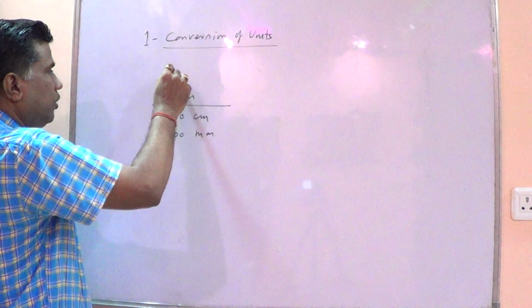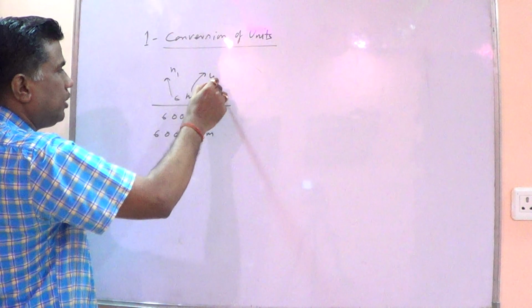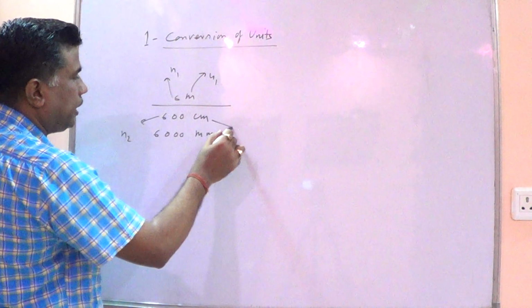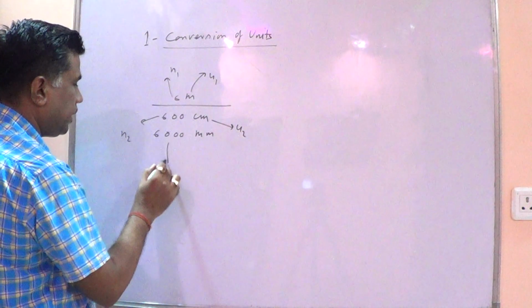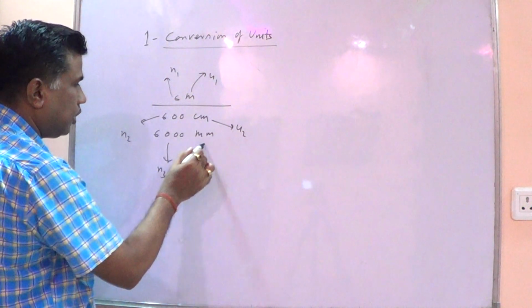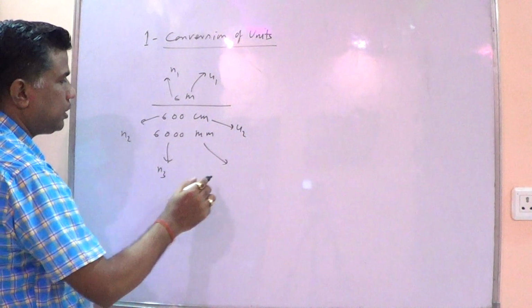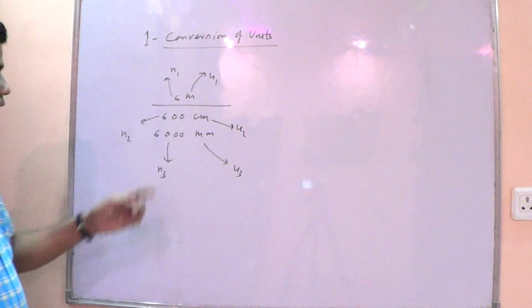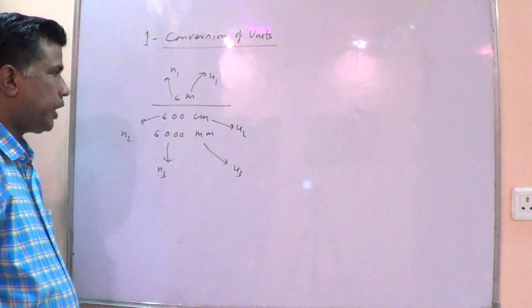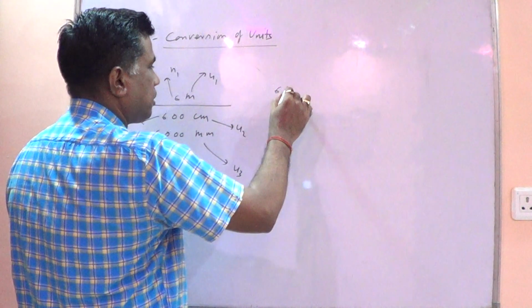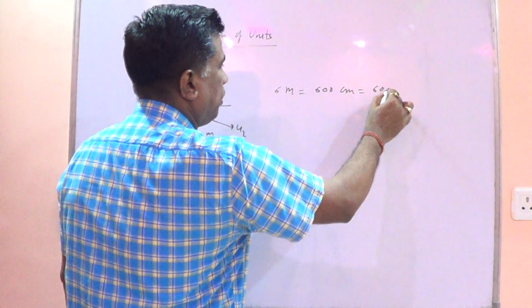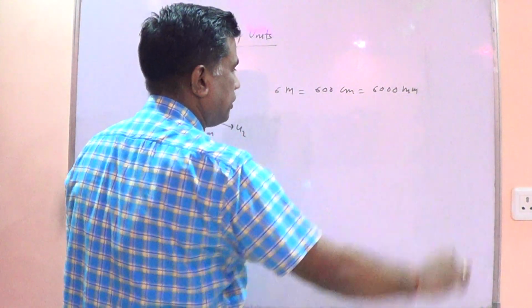Let this numerical value be n1, this unit be u1, let this numerical value be n2, this unit be u2, let this numerical value be n3, and this unit be u3. Students, all these lengths are same. So we can write 6 meter equal to 600 centimeter equal to 6000 millimeter.